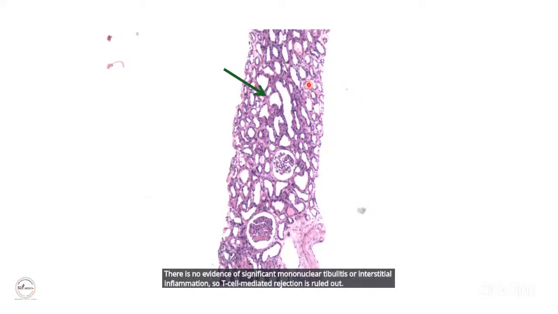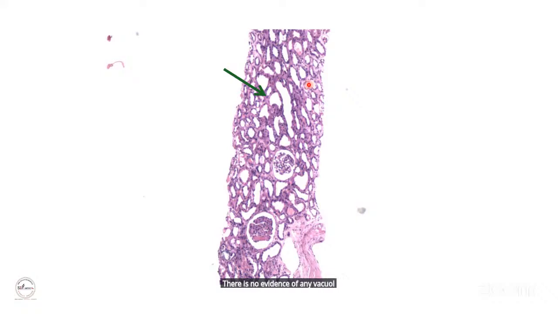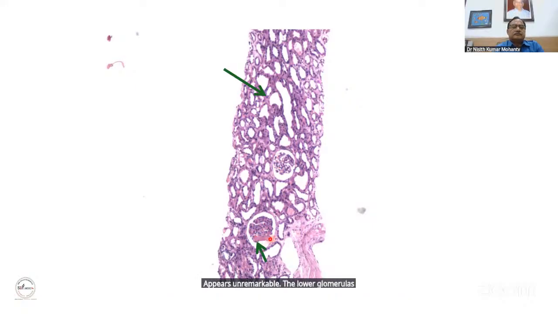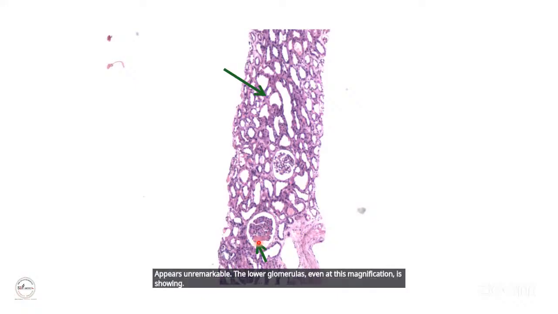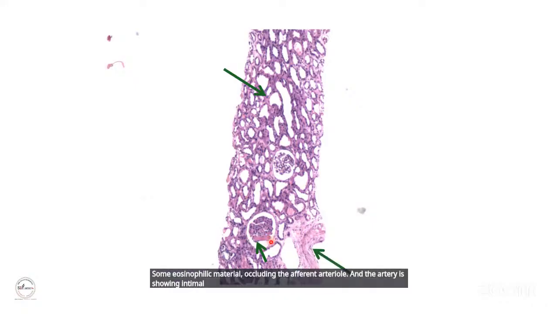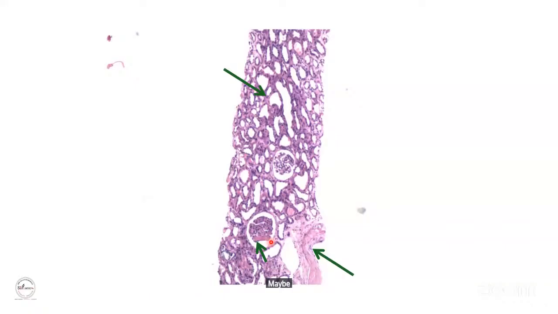There is no evidence of any vacuolization also. The upper glomerulus appears unremarkable. The lower glomerulus, even at this magnification, is showing some eosinophilic material occluding the afferent arteriole. And the artery is showing intimal fibrosis. Maybe it is donor related.